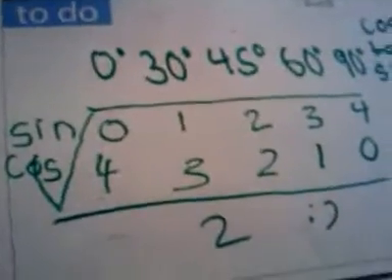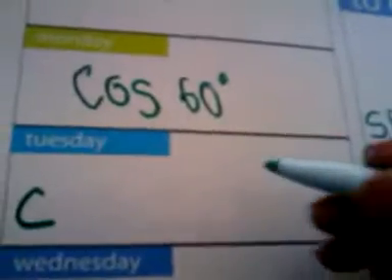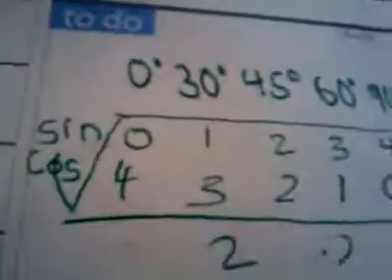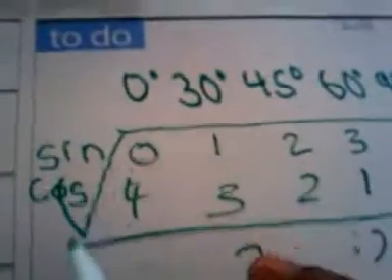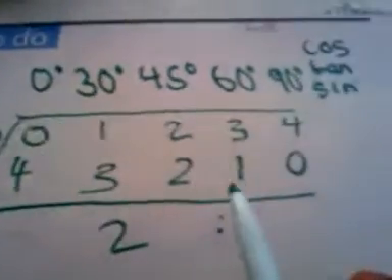Now, per se, you have to do something like cos, let's say, 30 degrees. Okay, let's do cos 60 degrees. So cos 60 degrees equals, now you come to your table, you see cos here, now you move down and look for 60.